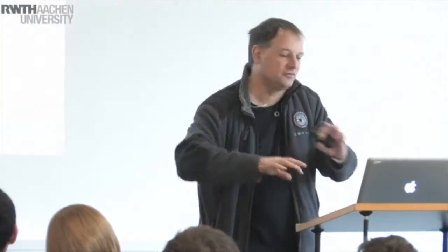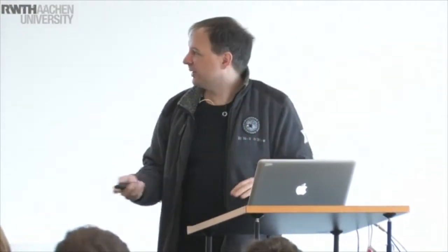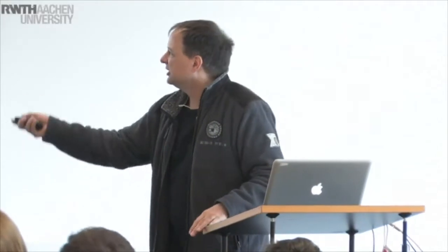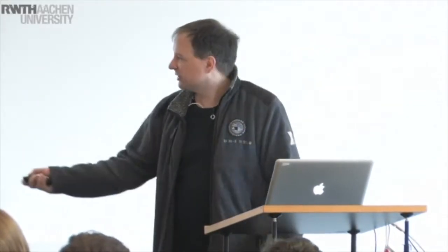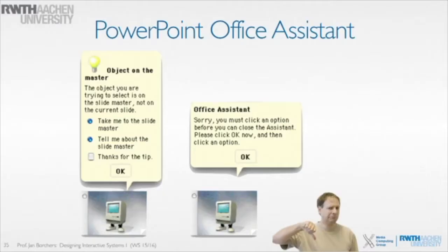That wasn't there. But you're in a hurry, 10 minutes to your talk, you need to fix your presentation, this thing pops up. You're like, whatever, go away, right? You just want this thing to go away, so you click OK, because that's the only thing that seems to be able to get rid of this thing, or you try to close this button here. That's the button, actually. Then something else happened. Then it would say, sorry, you must click an option before you can close the assistant.